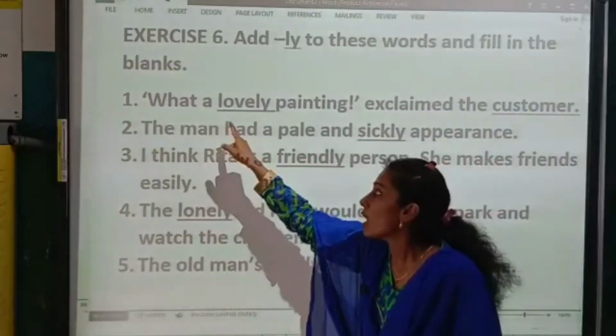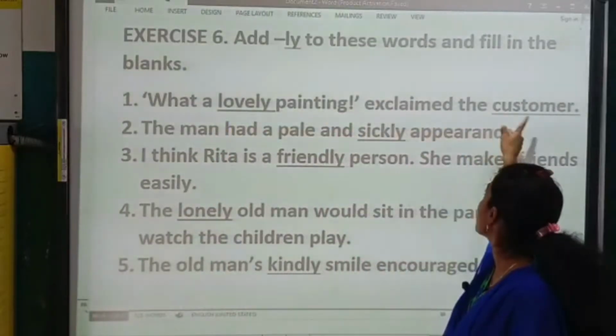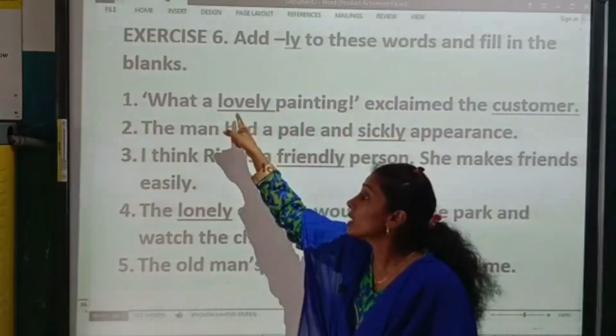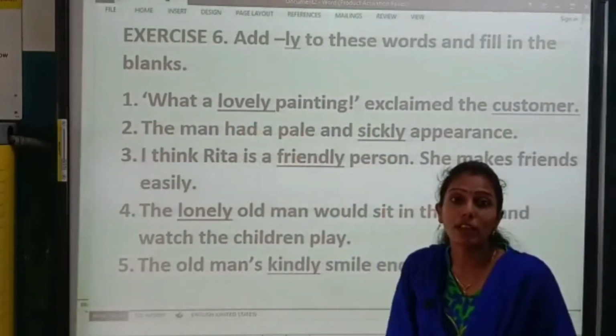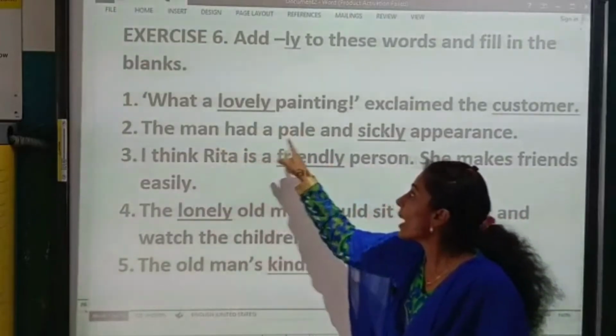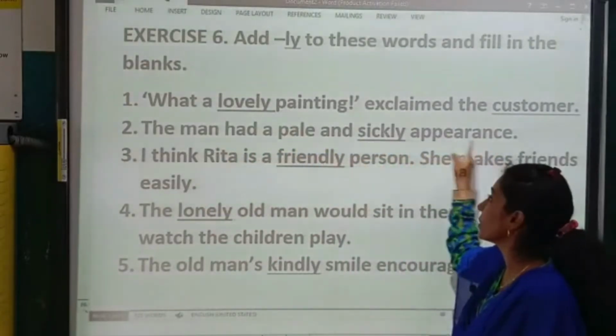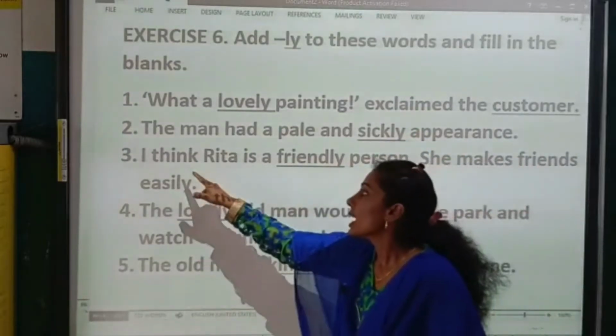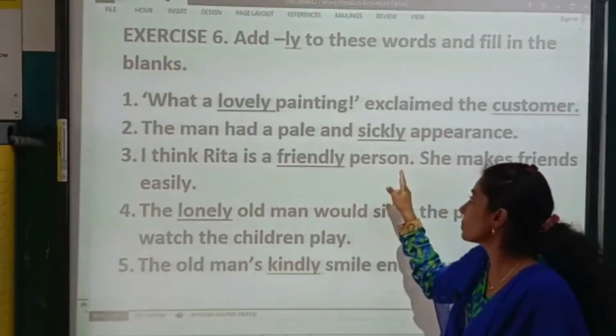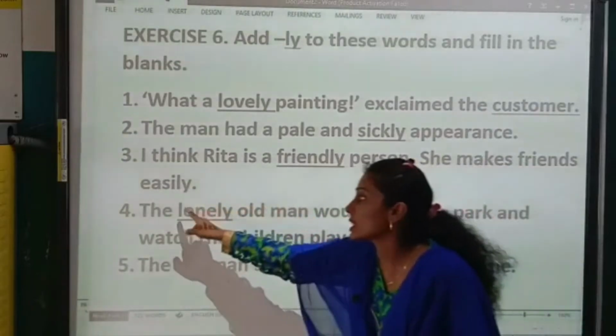First one: What a dash painting, exclaimed the customer. What a lovely picture. You will add ly. The man had a pale and dash appearance, sickly appearance. I think Rita is a dash person. She makes friends easily.